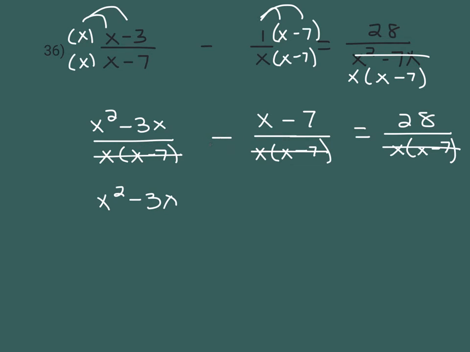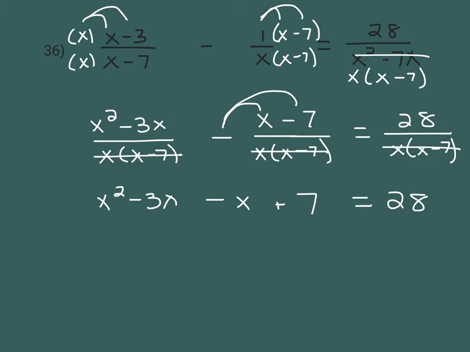You want to make sure that you distribute that to both terms. So when we do, we're going to have a negative x, and a negative times a negative is a positive 7. Okay? Don't just bring down the negative and then bring down the x minus 7. Make sure you distribute that to both terms. And then bring down your equals 28.